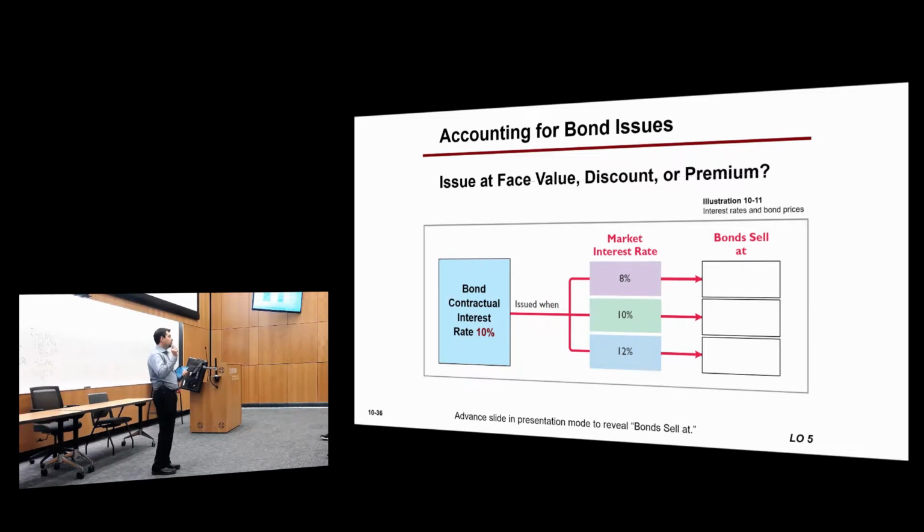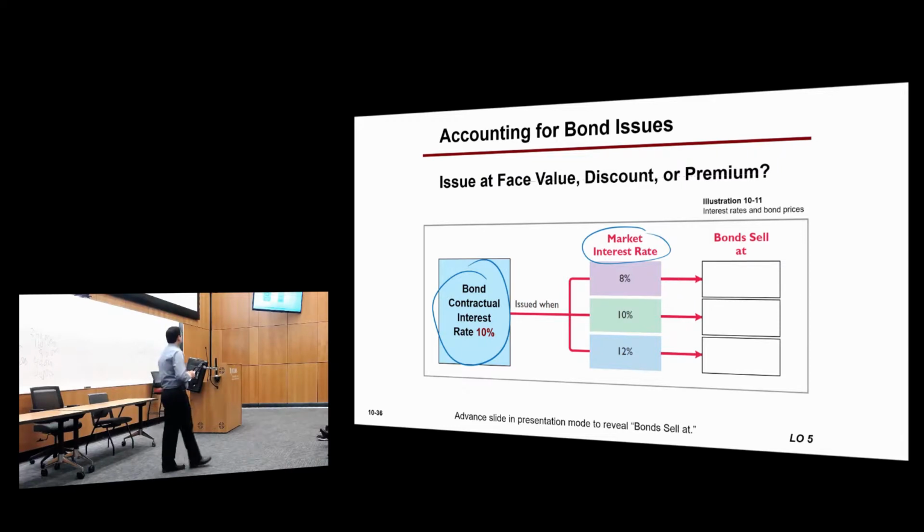When the market interest rate is equal to the contractual interest rate, which is also called a stated interest rate. In this case, it's when they are equal. When they are equal, the company's bond is as appealing as the market. So it will be sold at face value.